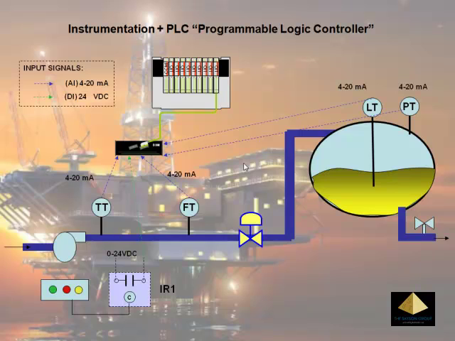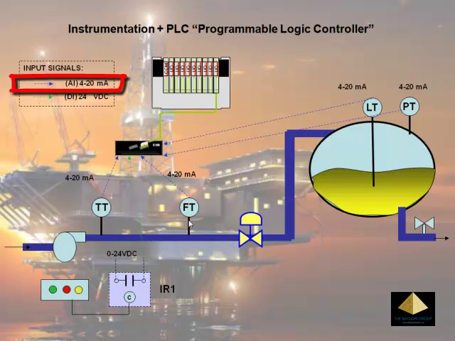And the level is also converted into 4 to 20 milliamp electrical current. It also goes to the analog input module.